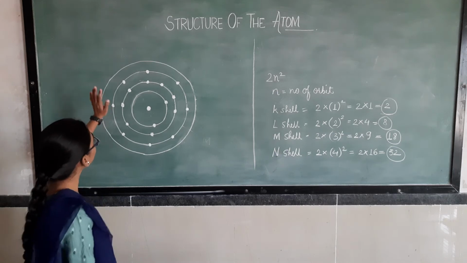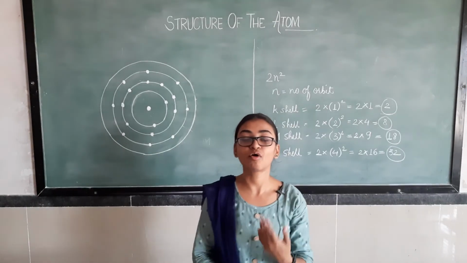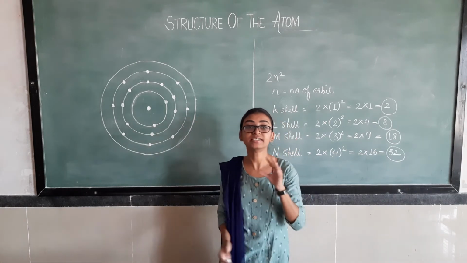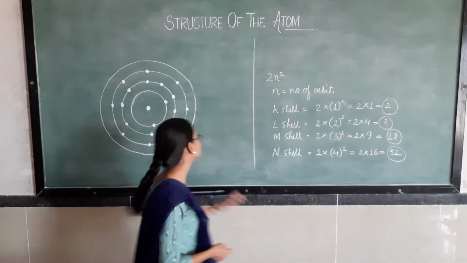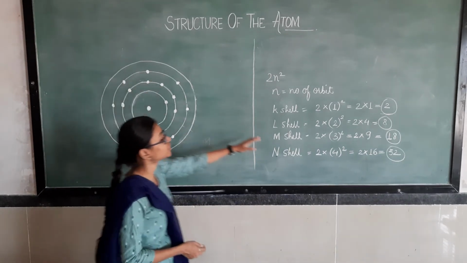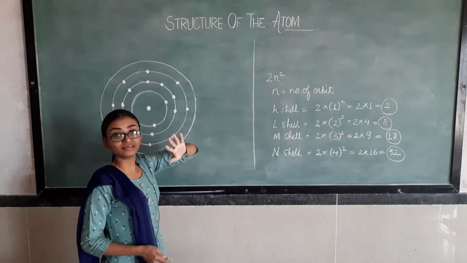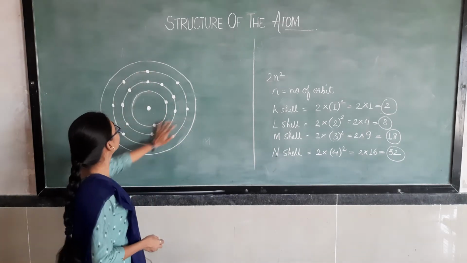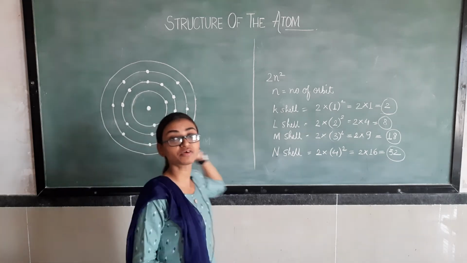So in the case of argon, again the condition is that of the inert gas, or you may say the condition for a noble gas. The number of electrons present up to the M shell is 18.